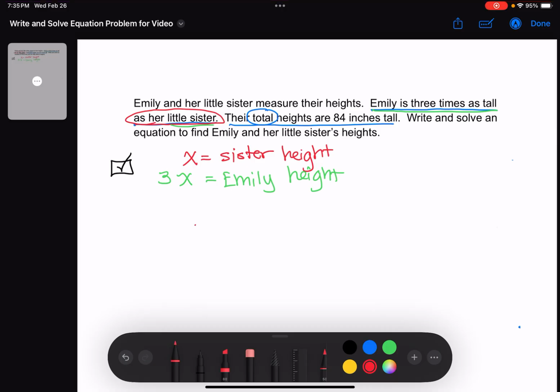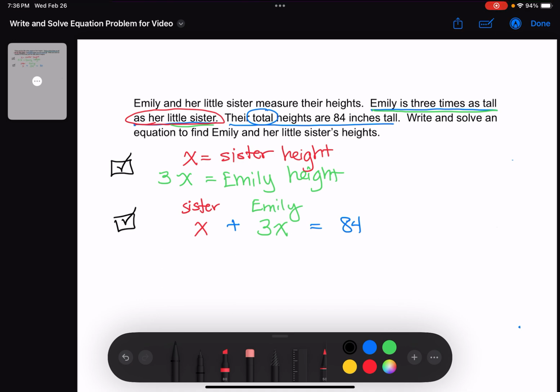Emily's sister's height is x. Emily's height is 3x. And the total, which clues us in, it's adding those 2 things together, is what's equal to 84. We have now done our second thing in our checklist, which is write the equation.